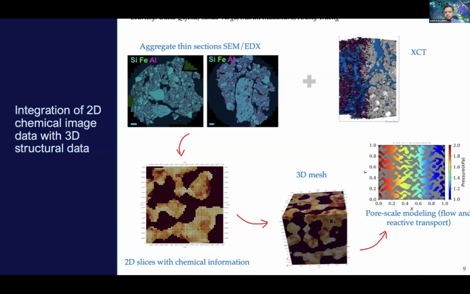And then this co-registered data using machine learning techniques is then used to create these 3-dimensional meshes with pore structure and chemical information embedded with them. And those are then used to perform pore scale modeling, to do flow and reactive transport modeling, and then to calculate parameters that are then used to upscale and move them to higher scales, such as the watershed scale or even higher.